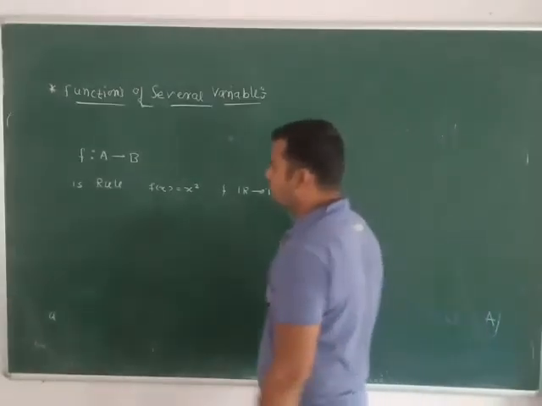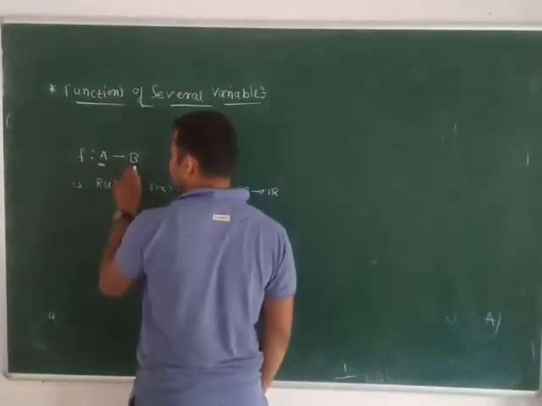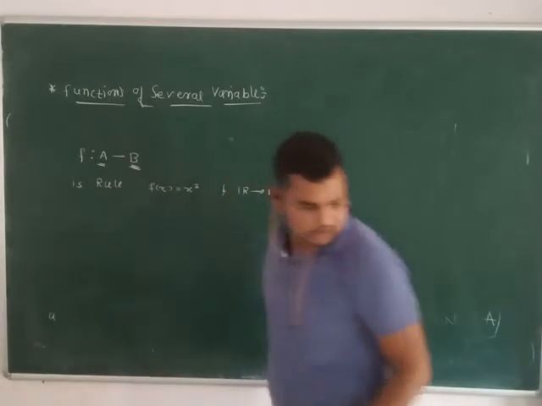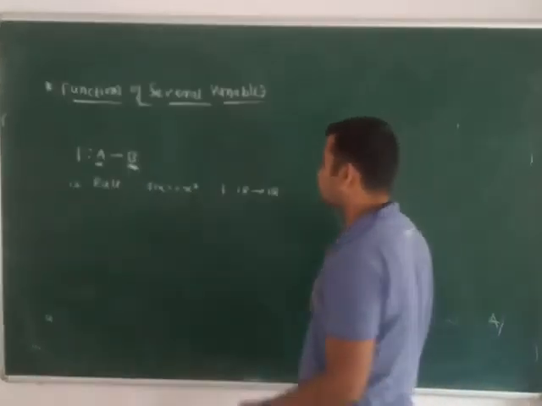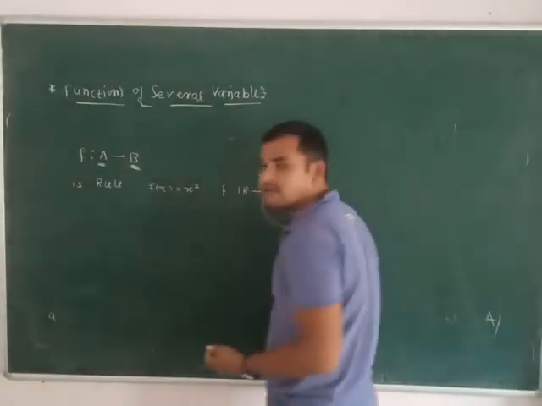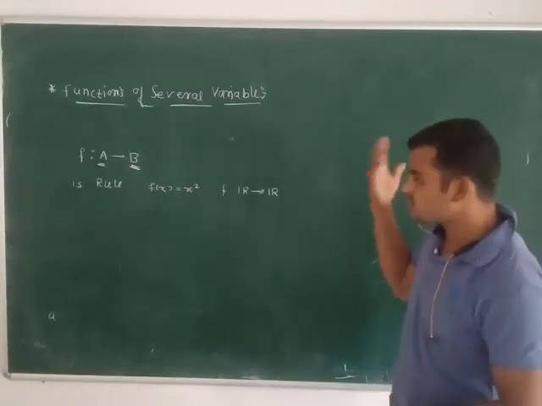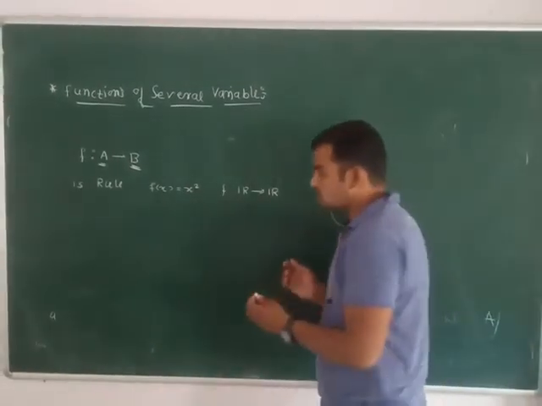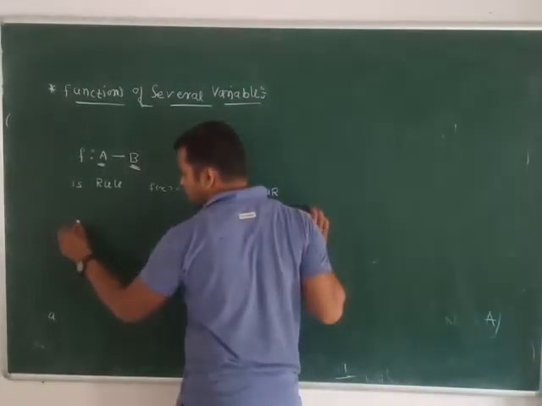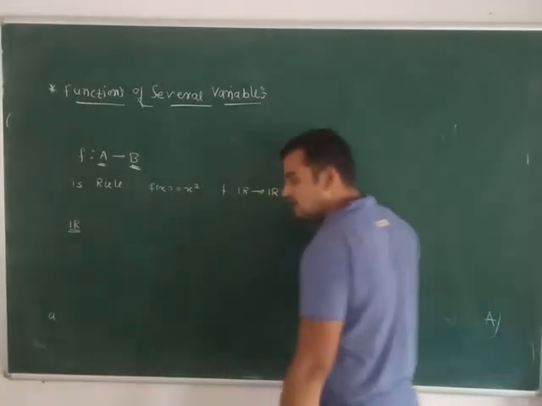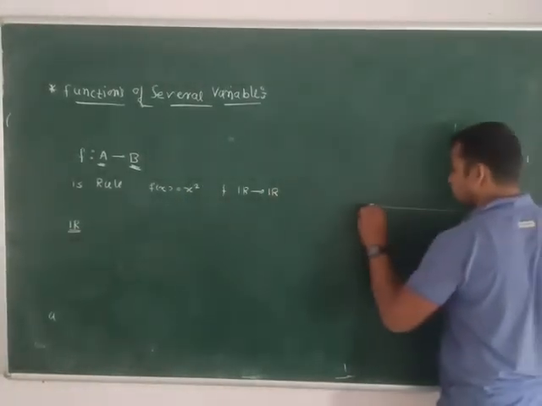Similarly, if I replace set A and set B with some particular sets defined in two dimensions. What is meant by two-dimensional? If we have R, then this is called a single dimension, a single line.